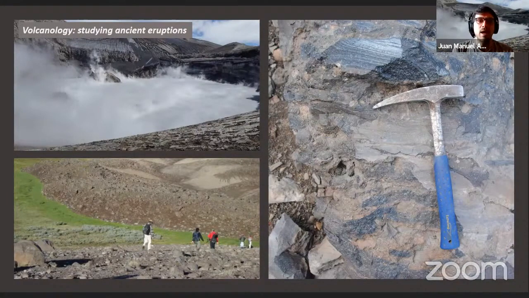How do we know it? Well, how many lava flows are there in the volcano? Or how many pyroclastic deposits, ash deposits, can you see? And how often? For example, you have 3 lavas, and the span of time between each lava is 50 years, 100 years, 1,000 years. So this is the most important part, to predict how it will behave in the future. What kind of eruptions can we expect from this volcano?